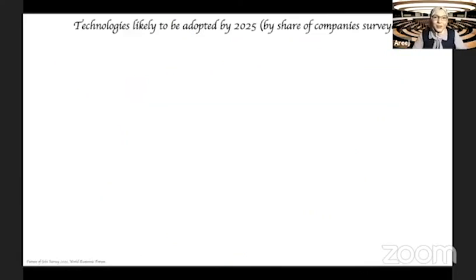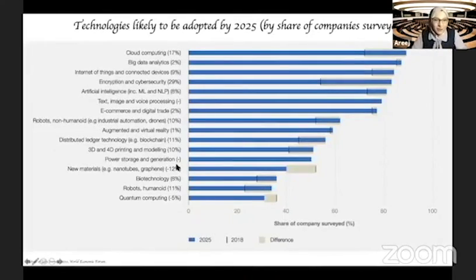Technologies likely to be adopted by 2025. This is a survey report from the World Economic Forum done in 2020. They mentioned some data about the expected use of technology by 2025. The 2025 is represented by the blue bars. The vertical lines are where they did the survey in 2018, and the beige or cream color is the difference and where they are going.